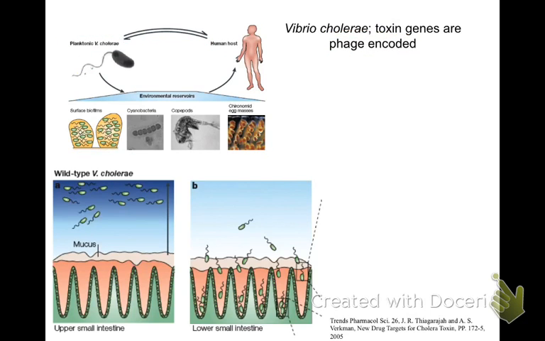So when water treatment is an issue and people don't have access to fresh water, they're going to drink contaminated water and get these large doses of Vibrio cholerae. And Vibrio can then get into the small intestine and get into the crypts, and you can see that the cells are moving down into the crypts of the small intestine.